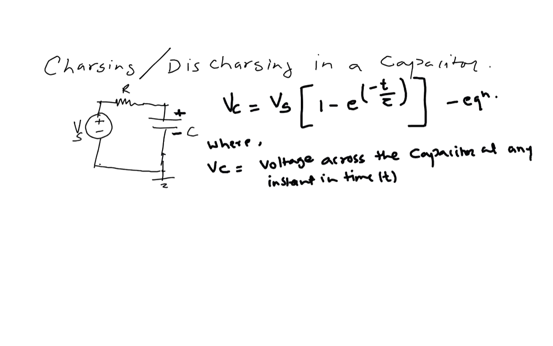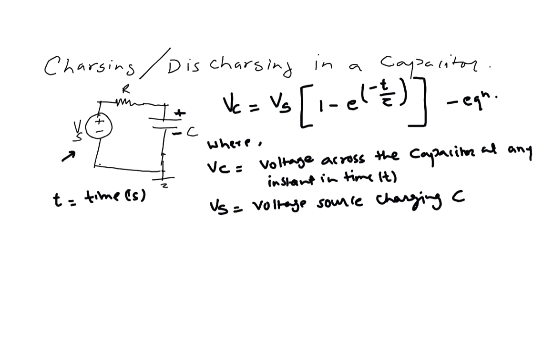Then Vs is obviously the voltage source that is charging the RC circuit, charging the capacitor. Now there is one more term, t, which is time, given in seconds, and the more important parameter is tau, which is the product of R and C, called the time constant for charging and discharging these capacitors.